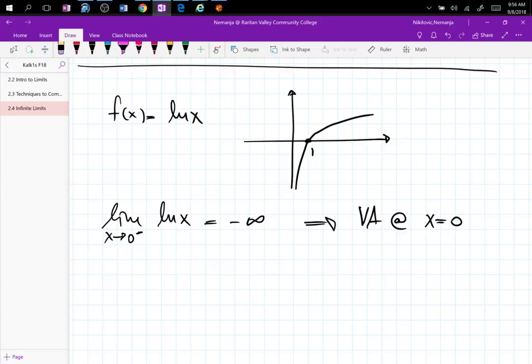VA equals a number is meaningless garbage, and it will be graded accordingly. Followed with me being allergic to you for the rest of the class. So please pay attention to that. All right? So this is the proper way to write things. Vertical asymptote at x equals 0.